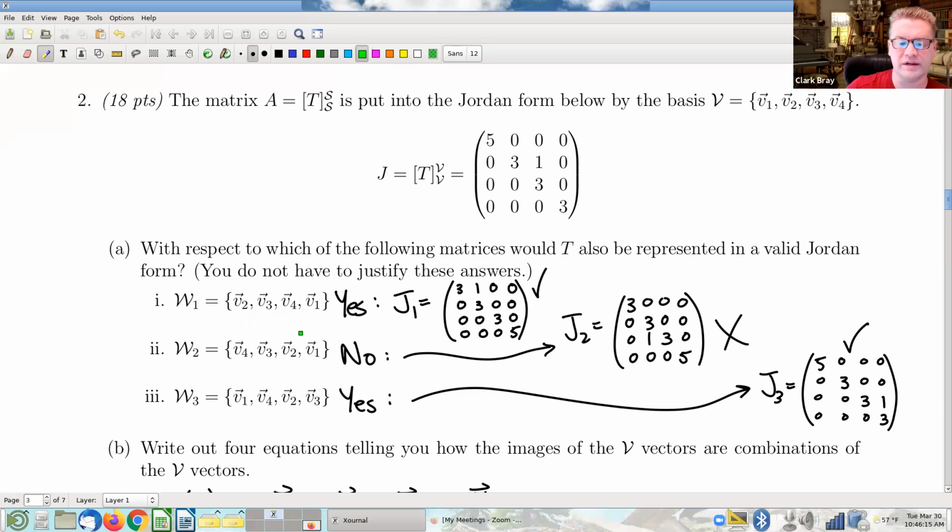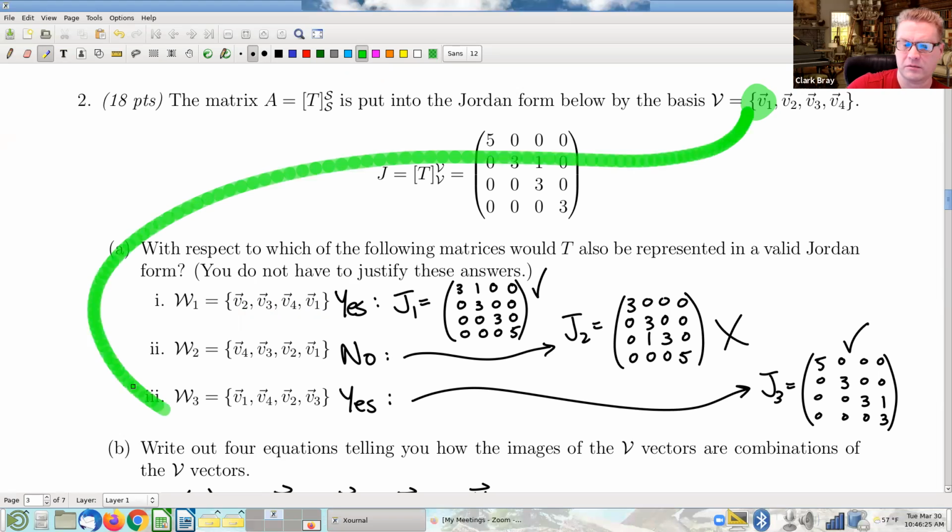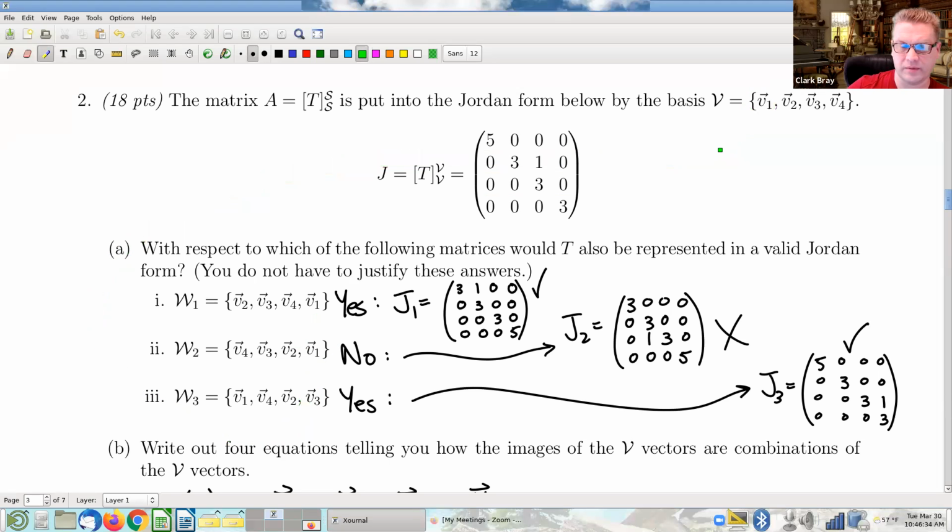So specifically, notice that what was the first vector in the basis has gone way around over here to the end to become the last vector in the basis. And then the others kind of shift over to the left, right? So V2, V3, V4, V1 that was at the beginning is now at the end.